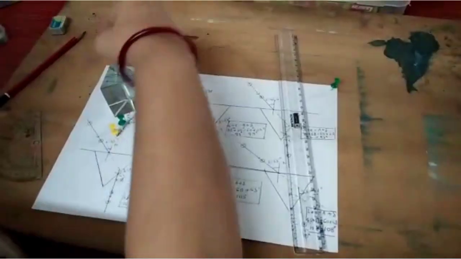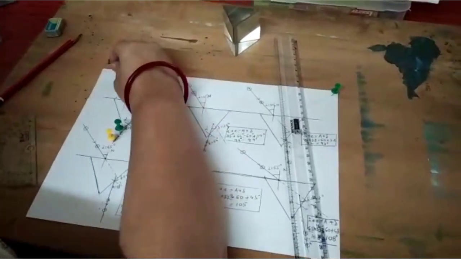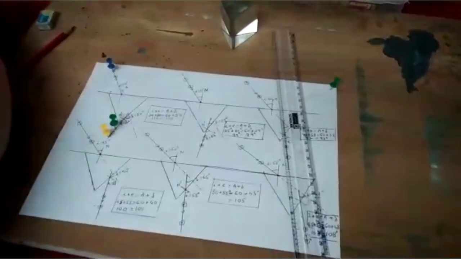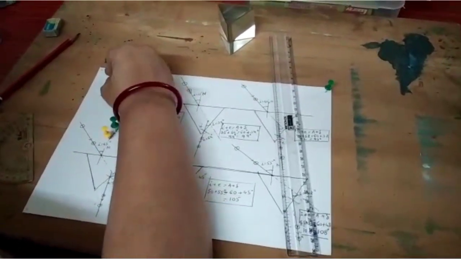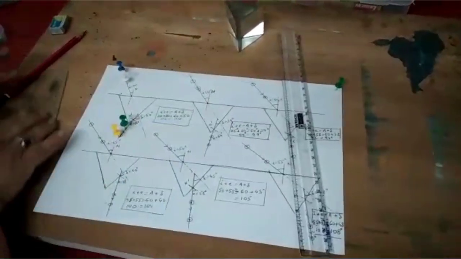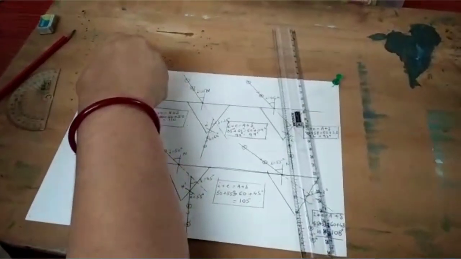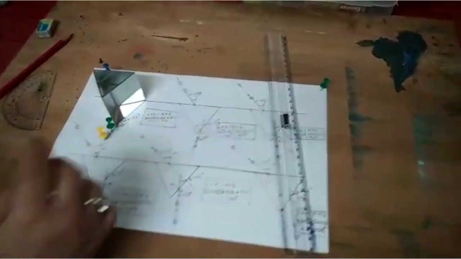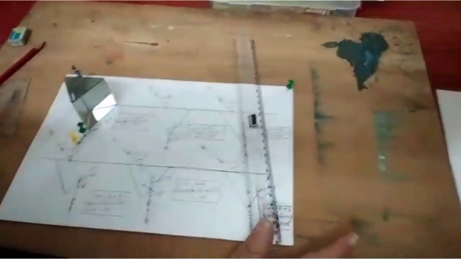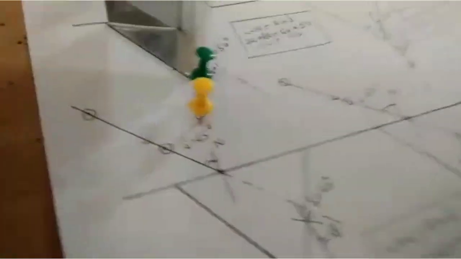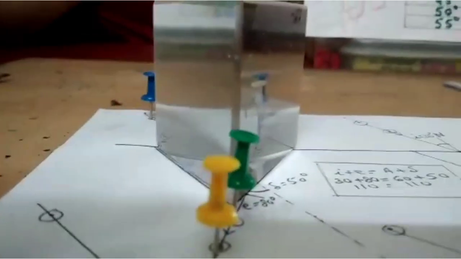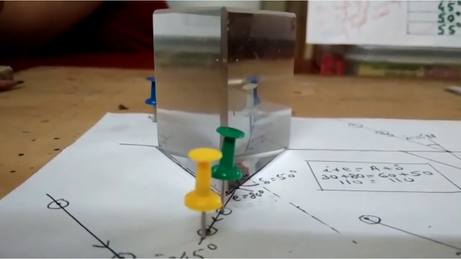And then I will put 2 more pins here. Actually, these 2 pins are supposed to be placed by me by looking into it from its face, but I am doing a trick, a shortcut. Now, I'll show you using the camera from here that all the pins are in the same straight line. See, can you see?